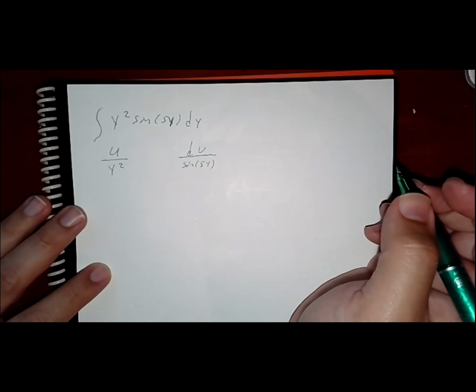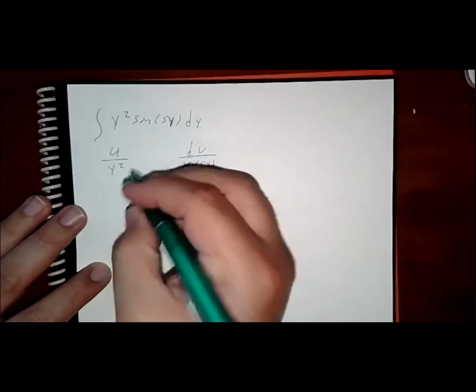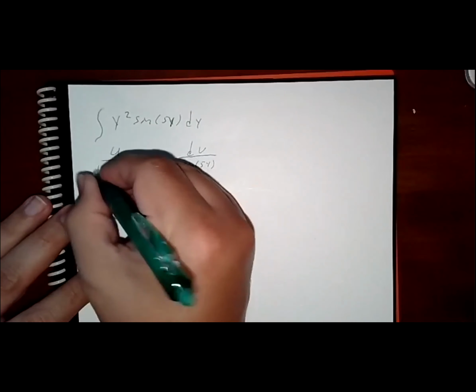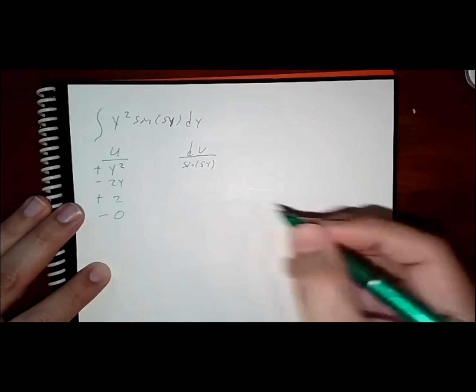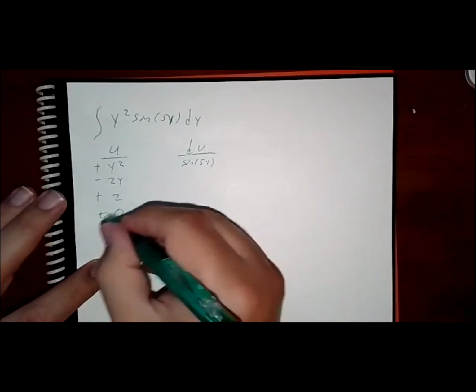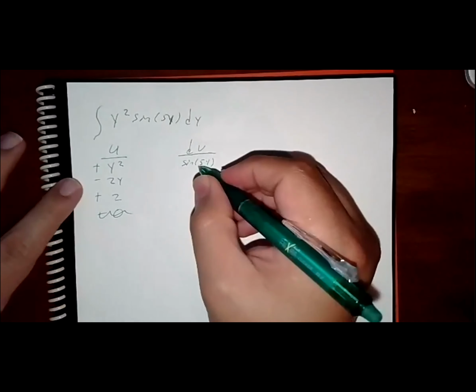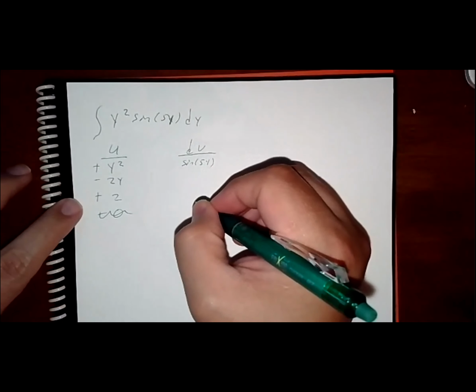Remember we did this: you keep taking derivatives until it disappears, right? And then you do plus, minus, plus, minus. You don't really use the 0 though. And over here, you take integrals until you match up with this one, at least one below.